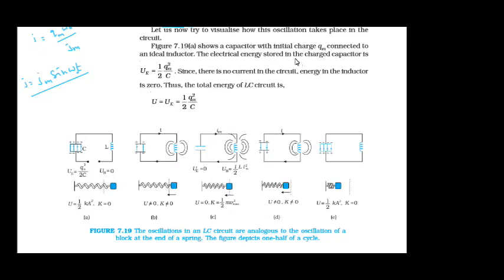The electrical energy stored in the charged capacitor is UE is equal to half Qm square by C. Since there is no current in the circuit, energy in the inductor is zero. Thus, the total energy of the LC circuit is U is equal to UE is equal to half Qm square by C.